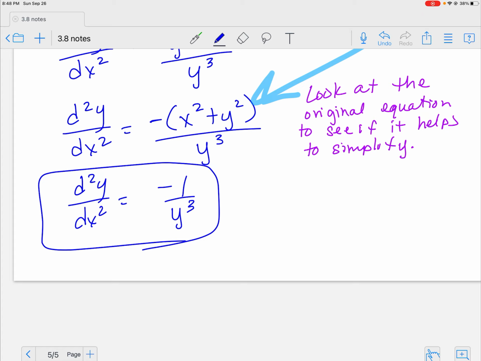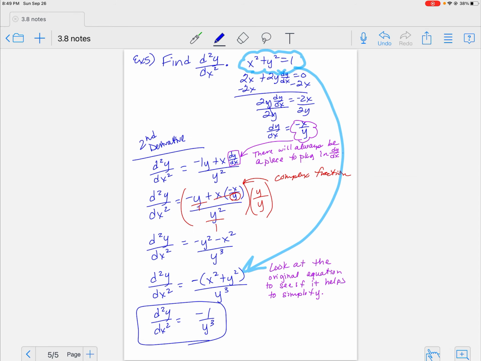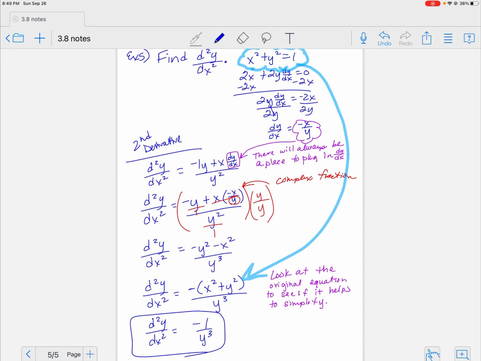So a second derivative. All right, a second derivative. I'm going to squeeze this in so we can see the whole thing. When you do a second derivative, you are going to do some substitutions. Whenever you do this very first part of the second derivative, you'll have a dy dx that you'll need to sub in for. That's going to happen.